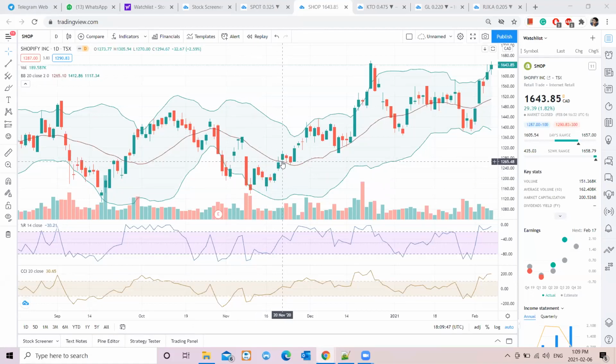The mid Bollinger Band is normally your exponential moving average of 20 days, that is, the price of the last 20 days exponentially. So if it crosses from below and goes up, that means there is strength in your price. It will shoot up and touch the upper Bollinger Band.